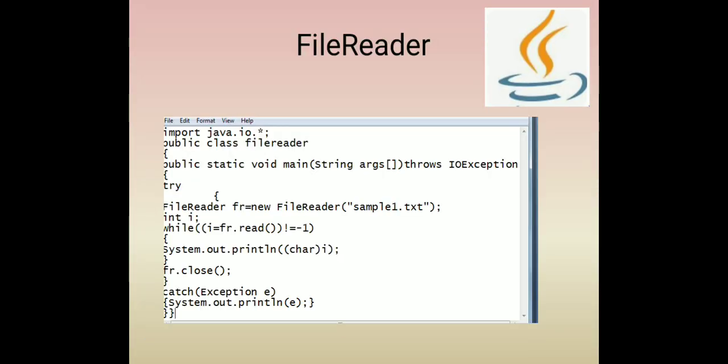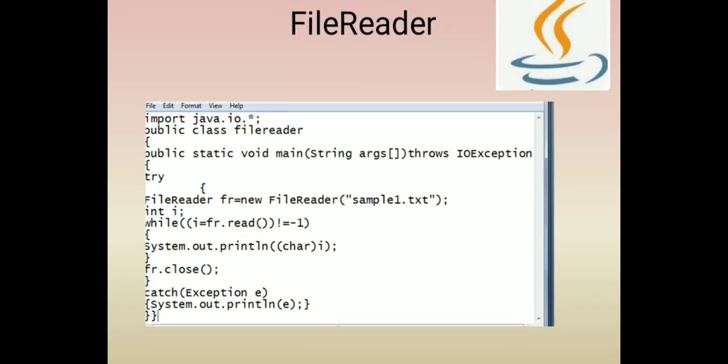Now we are going to open the file using FileReader, and we are going to print the text of sample1.txt on the Java console, like we did for the previous program. We open a main class in the FileReader program. In the main function, we create an object for the FileReader class.